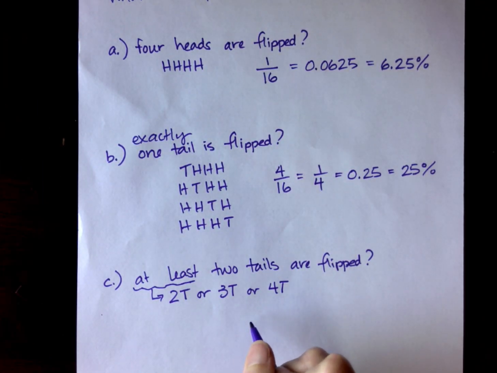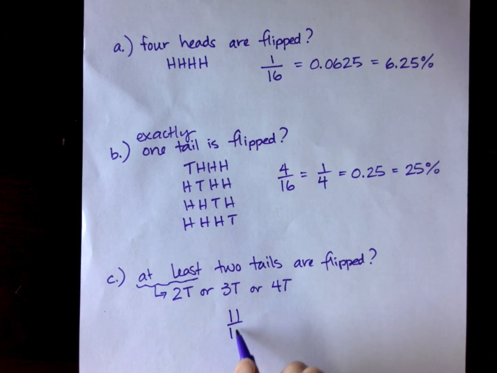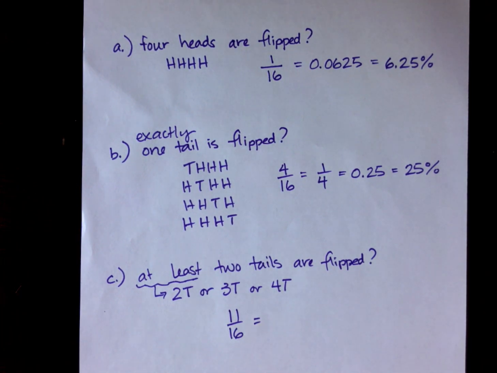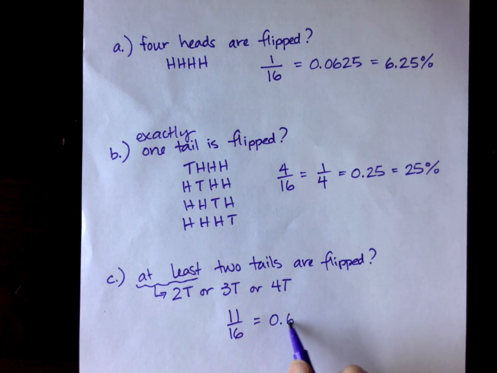So the probability here would be 11 out of 16. That does not reduce any further. It is all the way reduced. If we ask for a little calculator help for 11/16, the decimal version is 0.6875.